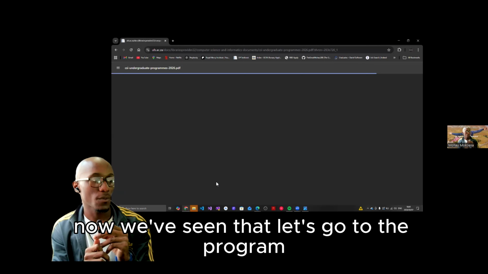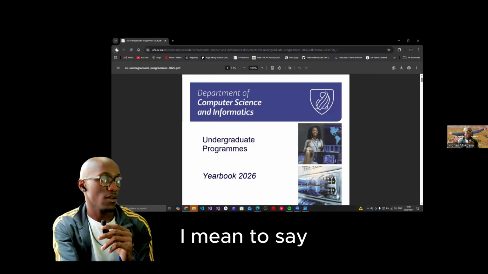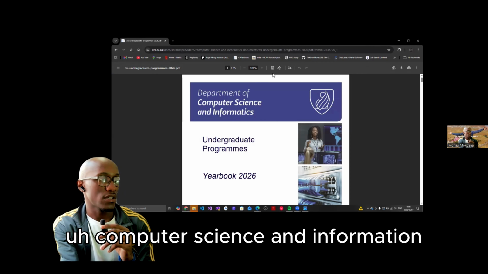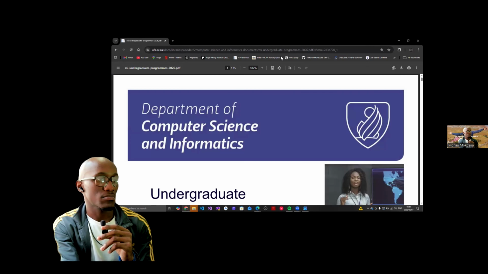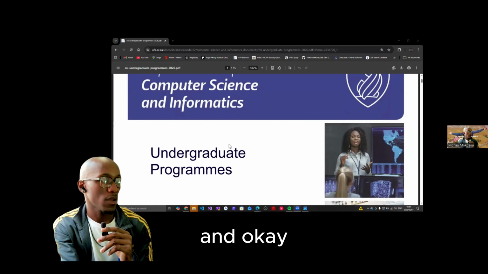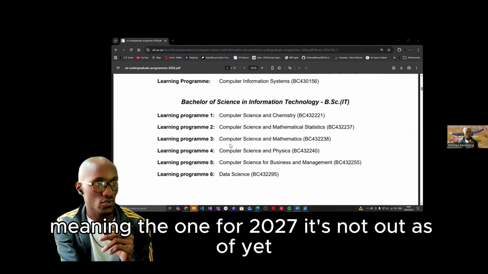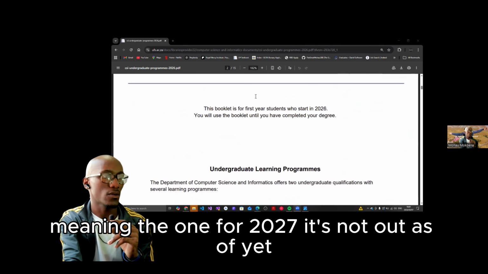Let's go to the program prospectus, I mean to say, computer science and information. Okay, this is for the year 2026, meaning the one for 2027 is not out as of yet.